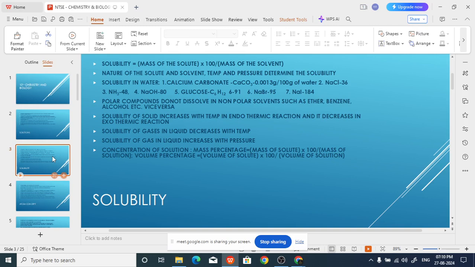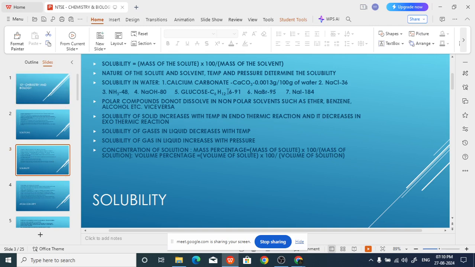Then sodium chloride, NaCl, solubility is 36. Ammonia, NH3, is 48. NaOH, sodium hydroxide, is 80. Glucose, C6H12O6.